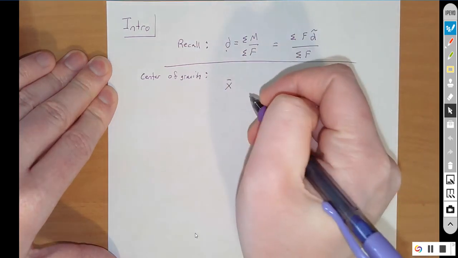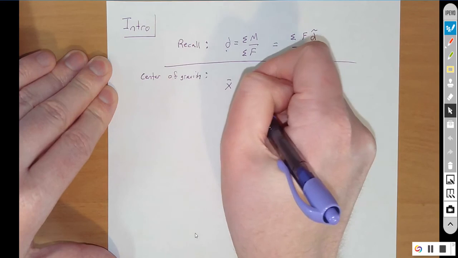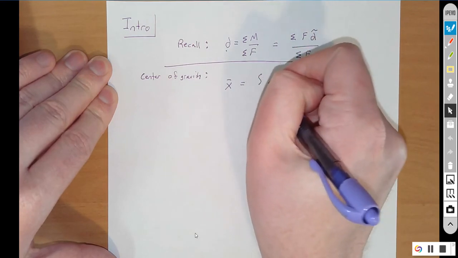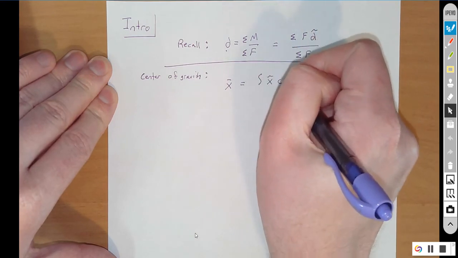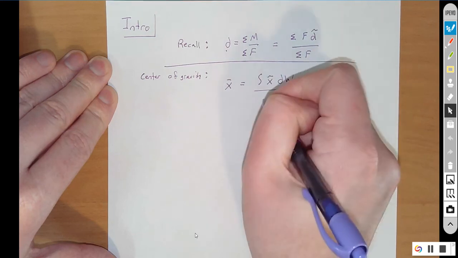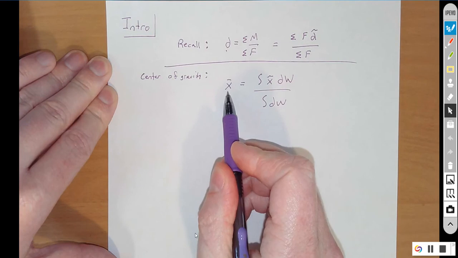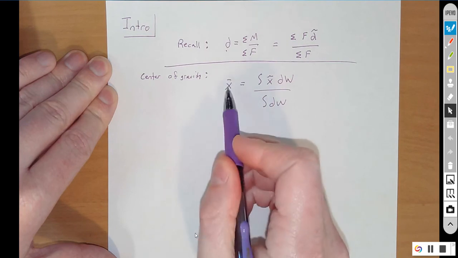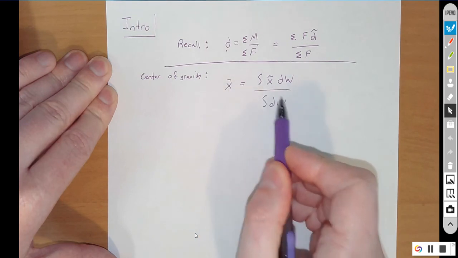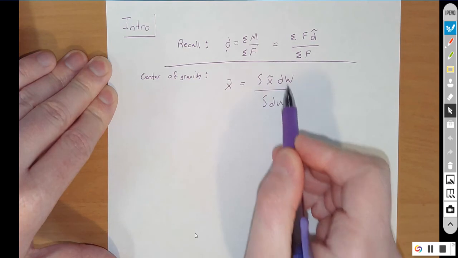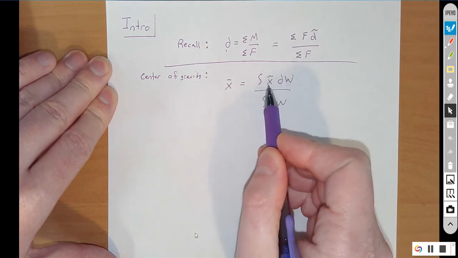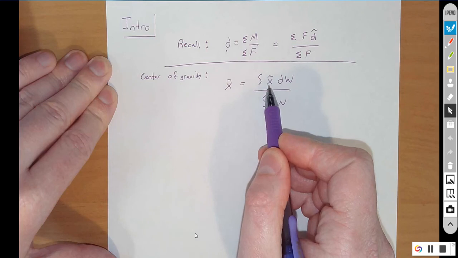I'll do one in the y just so you can see how they change, but in general I'm just going to only write these equations for the x. So again, we're going to try to find the distance in the x direction. We're going to accumulate all of the weight of the body, and then for each individual piece of weight, we're going to find its center of gravity in the x direction.